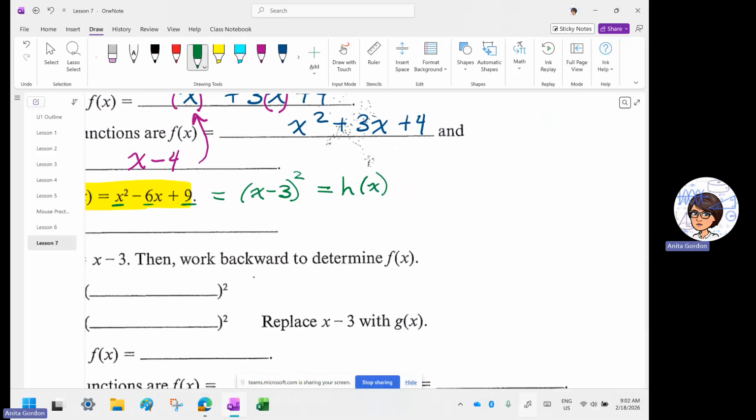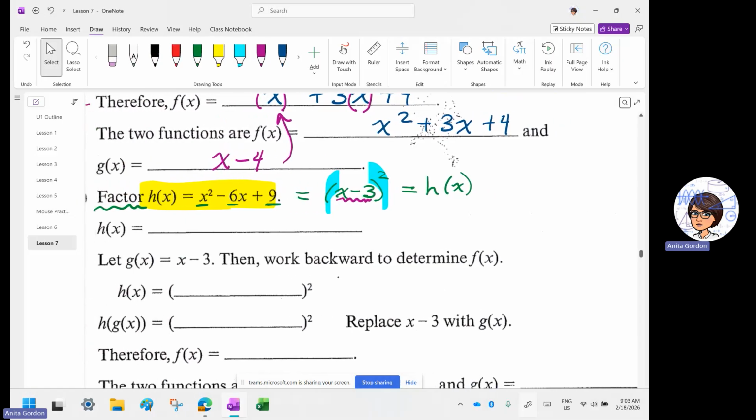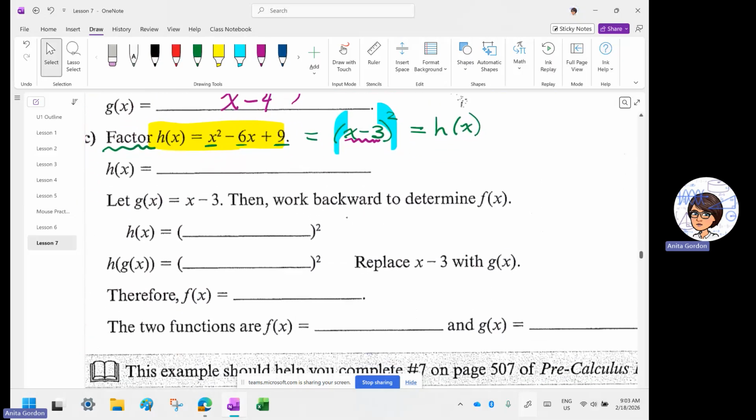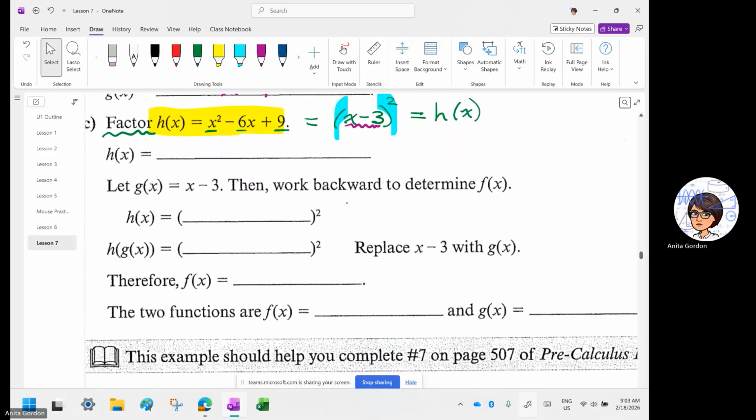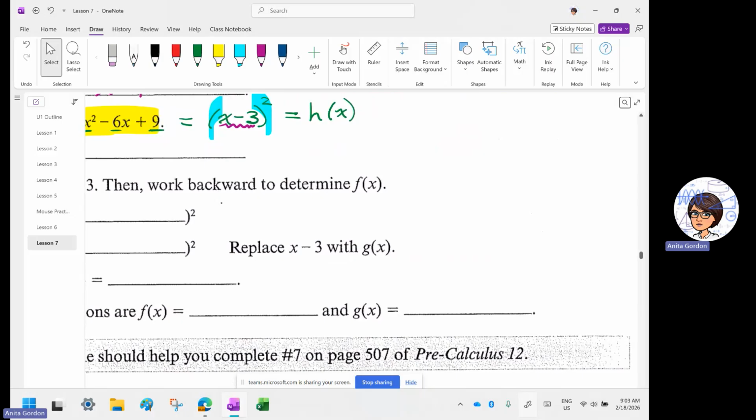Well, now I have a bracket, and now I can see some things. I see a linear function on the inside, and I see a quadratic on the outside. And there's just a lot of words here that I don't need to do, but let's skip some steps here. Looking at the inside, the g function, let's use the linear as that representation, and the f function is the quadratic.